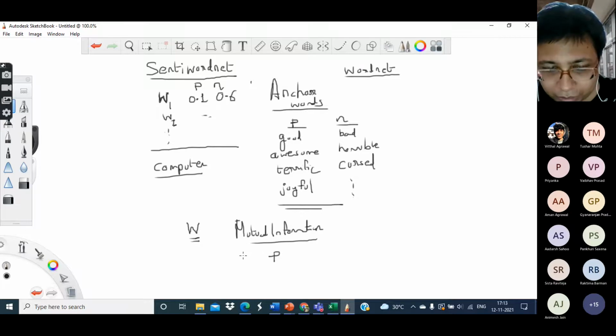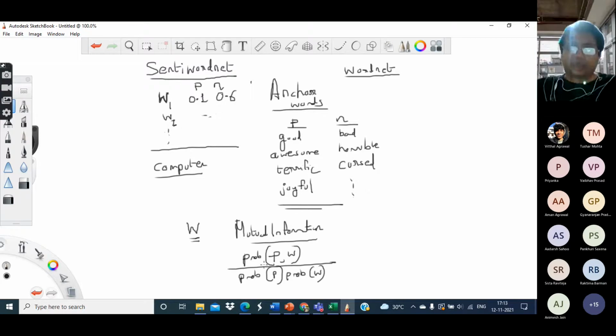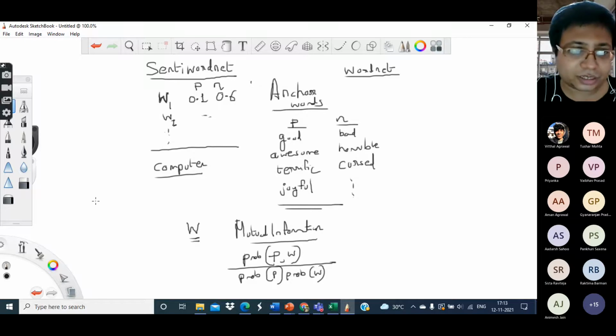Now what I will calculate is the probability that both the words P and W appear together in a context. The concept of context we had discussed earlier.